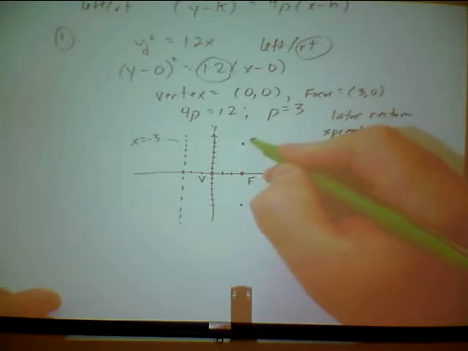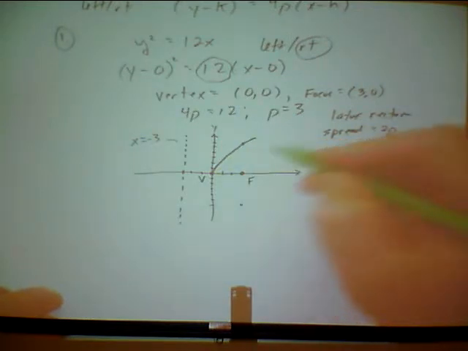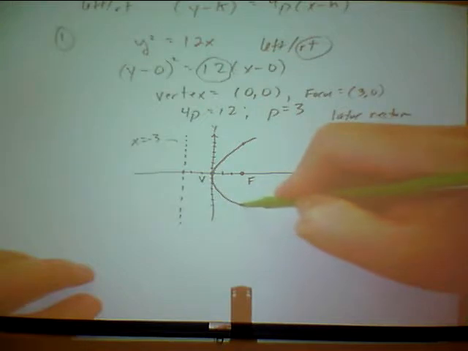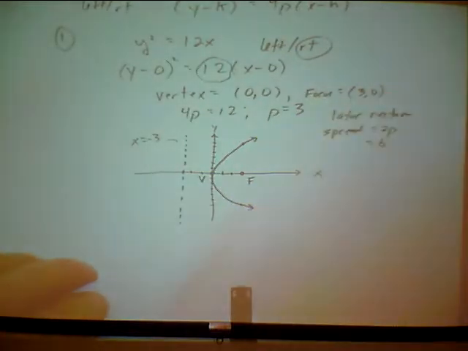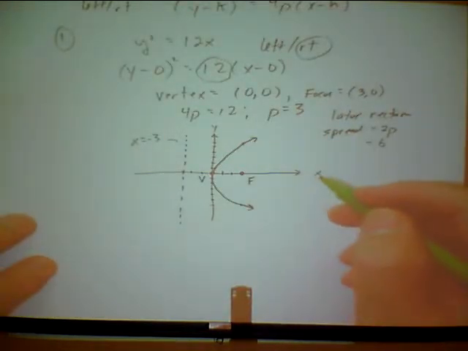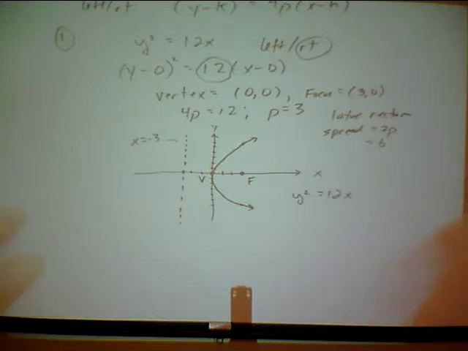So now I can sort of try to make a rough sketch. It's not perfect, but that's the idea. So this is actually the equation, or the graph of the equation y squared equals 12x.